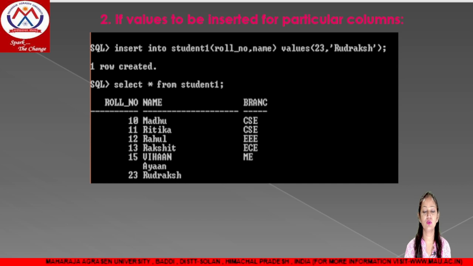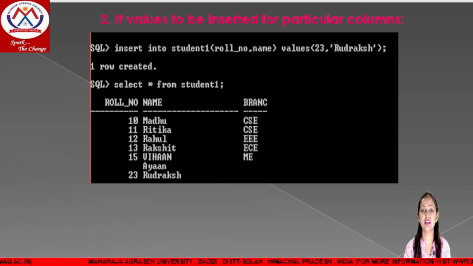In that case, we need to type our query like insert into table name, and after table name, you need to mention the name of the attribute. Here the name of the attribute is name because I know the name only, Ayan. So I will mention here in parenthesis name, values, then within parenthesis we will enter the value, that is Ayan, in single quotes, right? And then semicolon.